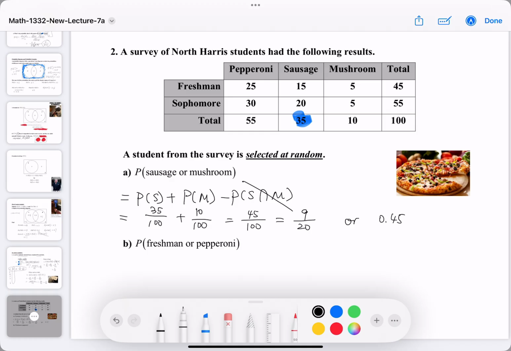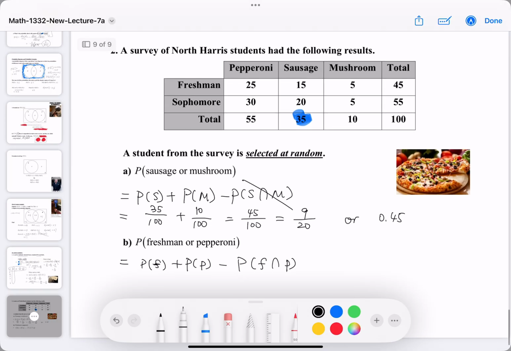Okay, next example, freshman or pepperoni. So P of F plus P of pepperoni minus P of F and pepperoni. And P of F, probability of selecting a freshman. Totally, we're having 45 freshmen.